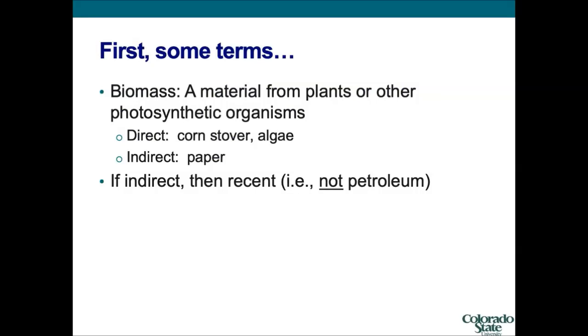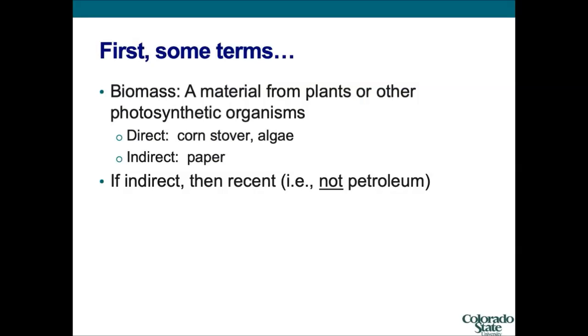All of the products I'll be telling you about today derive from biomass. So we should say, what is biomass? It's something that either is a plant, or something else that does photosynthesis, like algae, or it very recently was a plant, like paper, or perhaps some food waste.